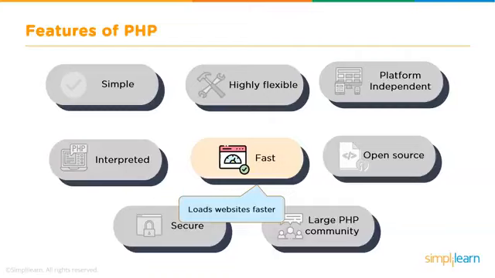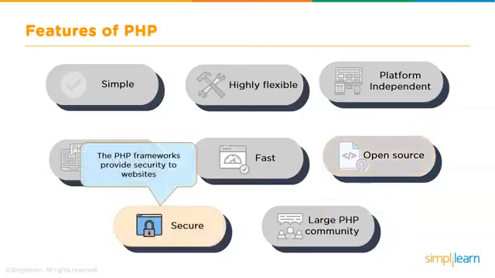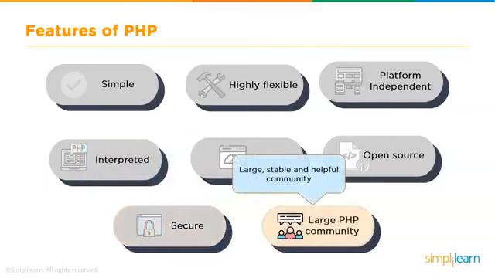This is why developing dynamic websites using PHP is considered as the best option. As discussed earlier too, PHP is called as an open source language, which means it is free to use and implement. Next feature is security. The language consists of a few built-in frameworks that provides benefits like encryption and hence protection from cyber attacks. Next is a large PHP community.